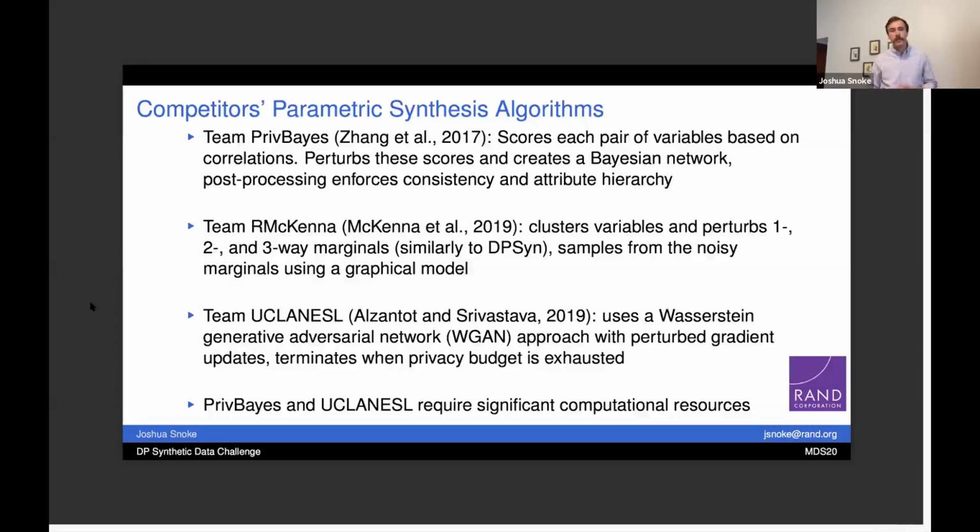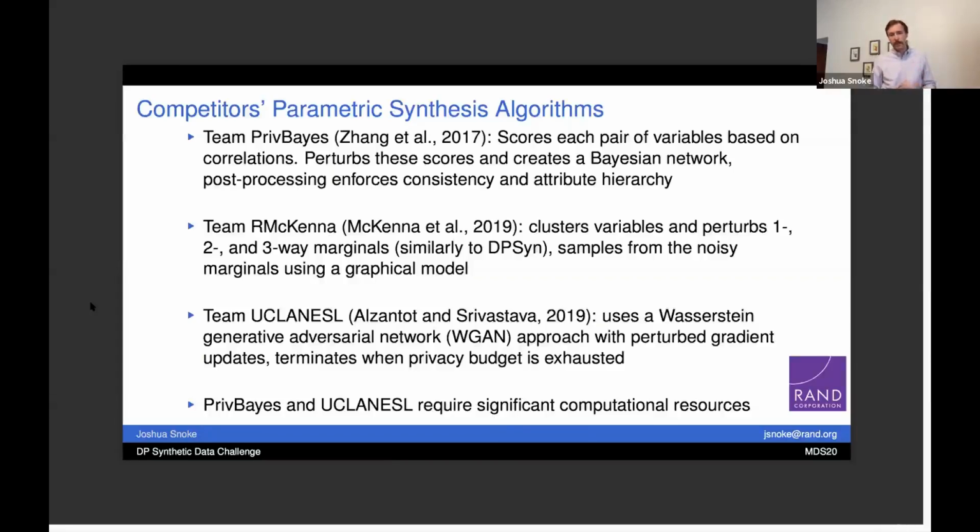And the last one was UCLA NESL. They did a Wasserstein generative adversarial network approach. We heard a little bit about this in Juan's talk with the GANs. This is where you're fitting these competing networks, and as was brought up in the questions, they used a perturbed gradient update to guarantee privacy.